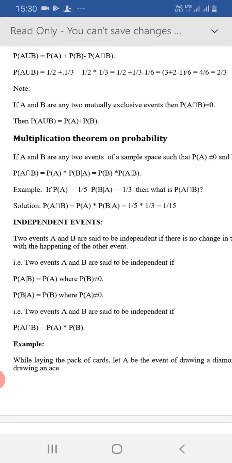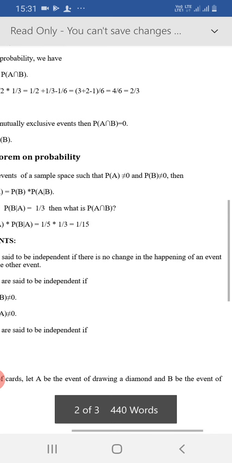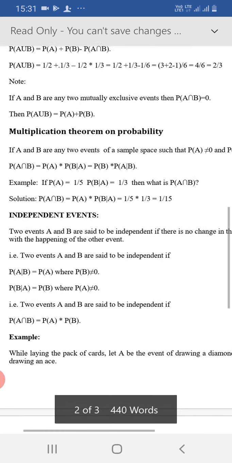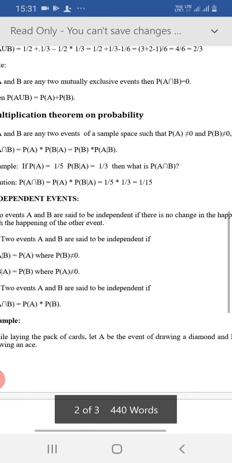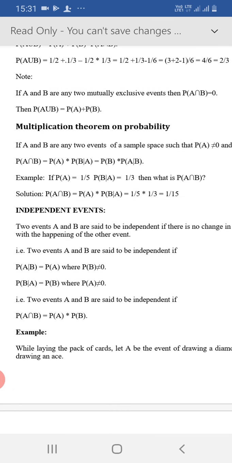Next, we take independent events. Two events A and B are said to be independent if there is no change in the happening of an event with the happening of the other event.